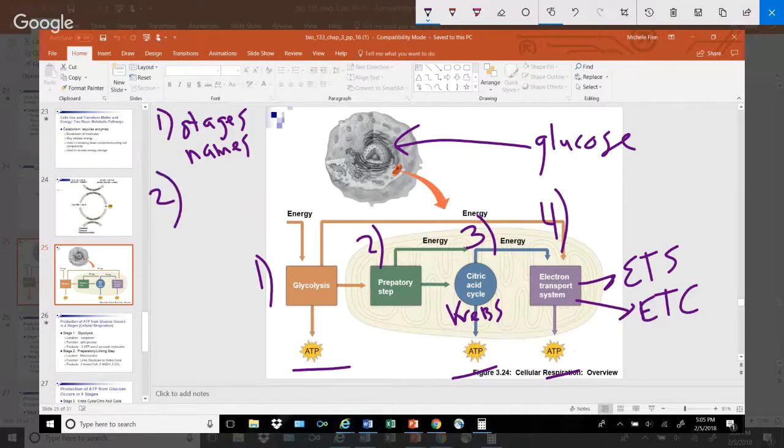You should know where the stages occur. So where do the stages occur? Well, it's real easy to see here. That orange thing right there is a mitochondria. So 3 of the stages occur in the mitochondria.